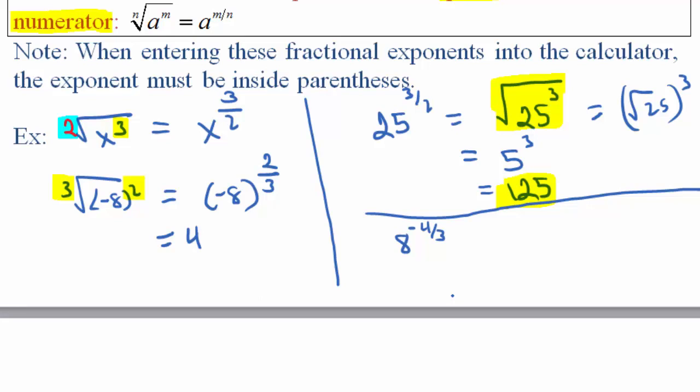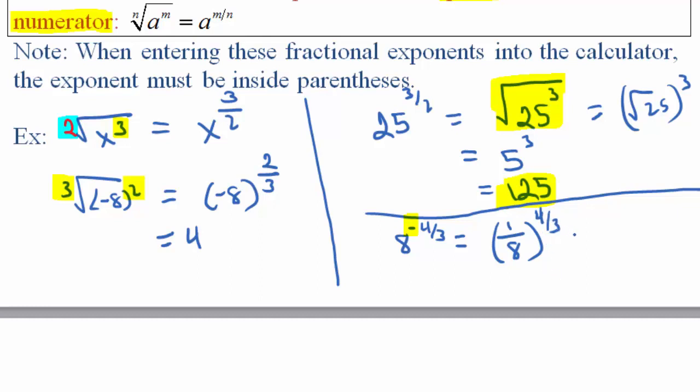The power is the floor, the roots are underground. But the problem here is we have a negative exponent. So when you have a negative exponent, what does that mean? It means you do the reciprocal. So the reciprocal of 8 is actually 1/8. So this would really be 1/8 now to the positive 4/3.